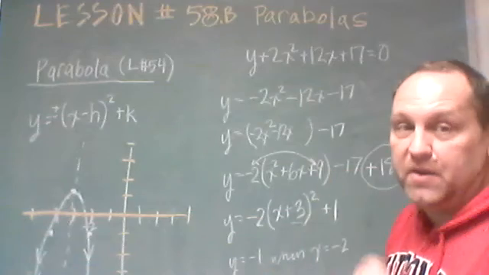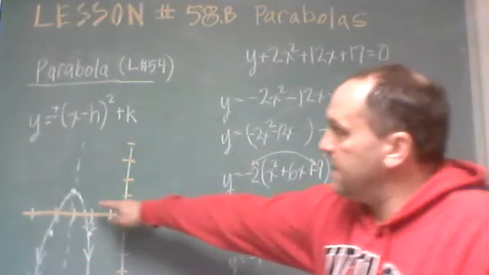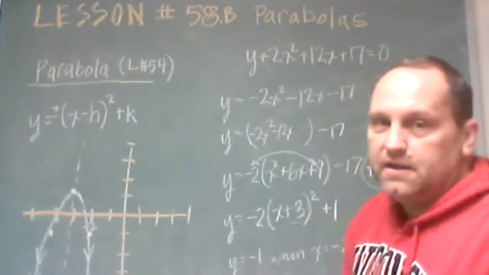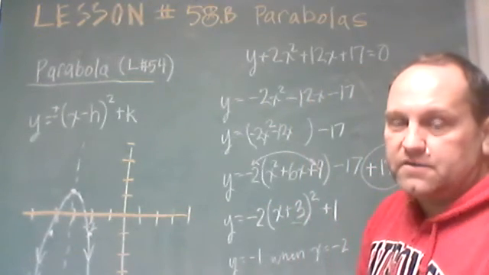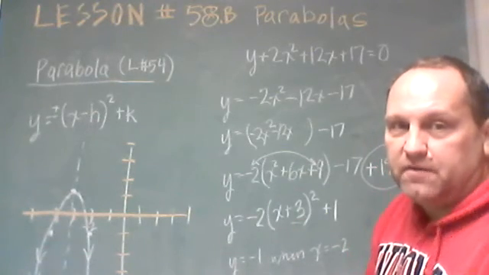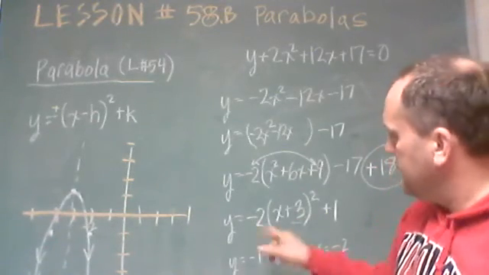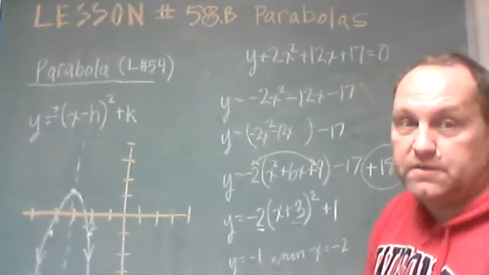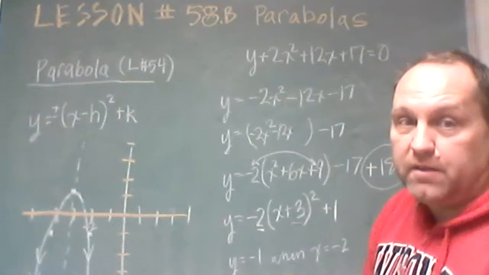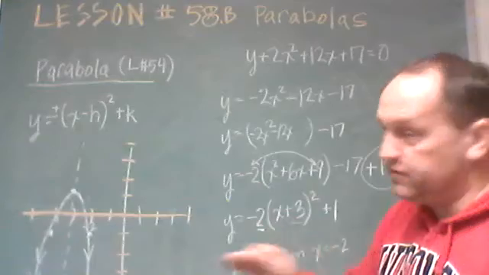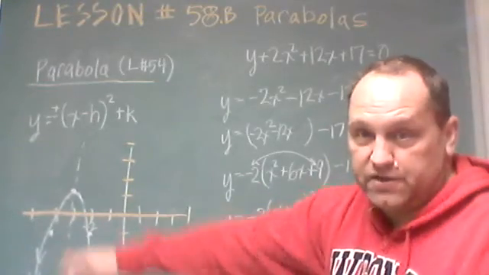We only really need to pick one good point, kind of close to our vertex, but not so close that we can't figure out the exact shape of the parabola. This number in front of the parentheses will help us determine whether the parabola is wide or narrow. Again, if it's an integer, that narrows the parabola. Our parabola has a narrow shape there.